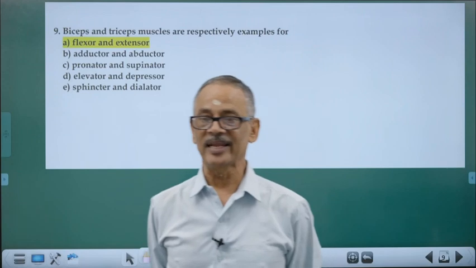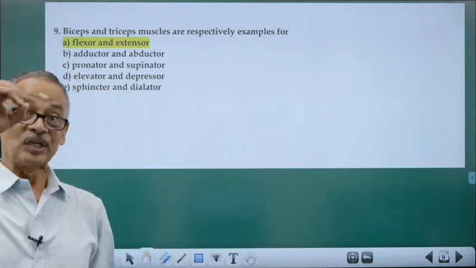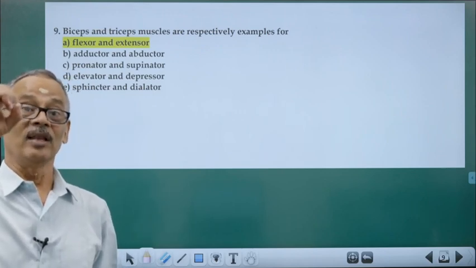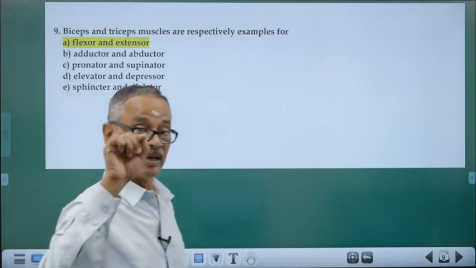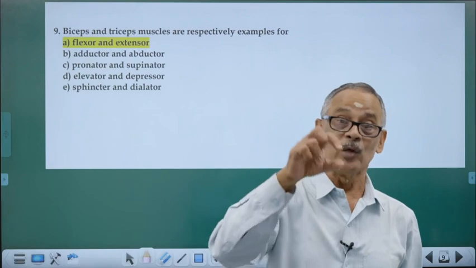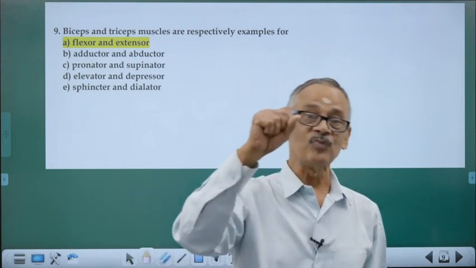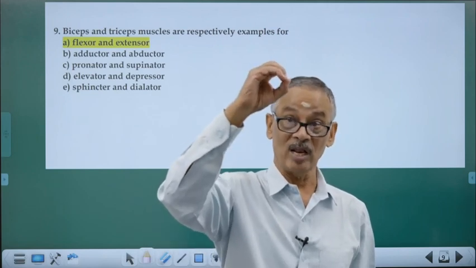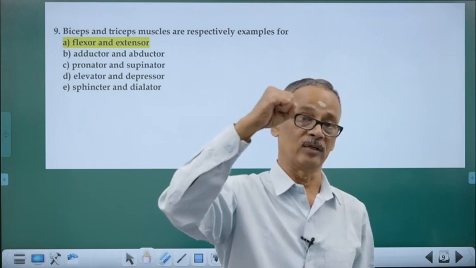Sphincter and dilator. See, for regulating the flow of food, we have studied the esophageal ring, which is correctly called gastroesophageal sphincter, ileocolonic sphincter, pyloric sphincter. So, these sphincters are having two sets of muscles. One set, circular muscle, when they contract, the opening will be narrowing, closing.